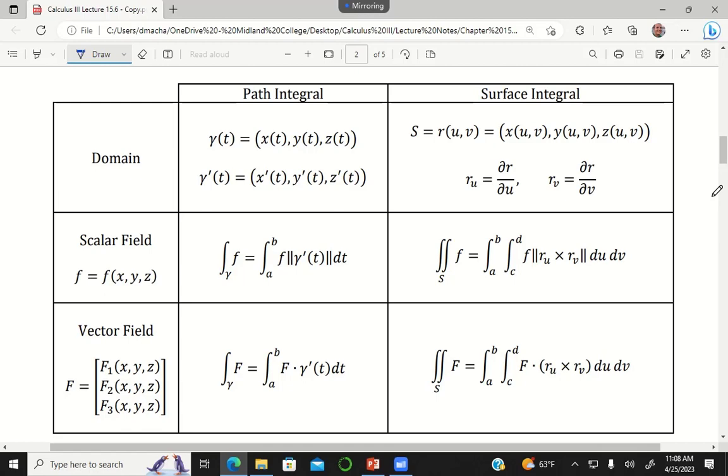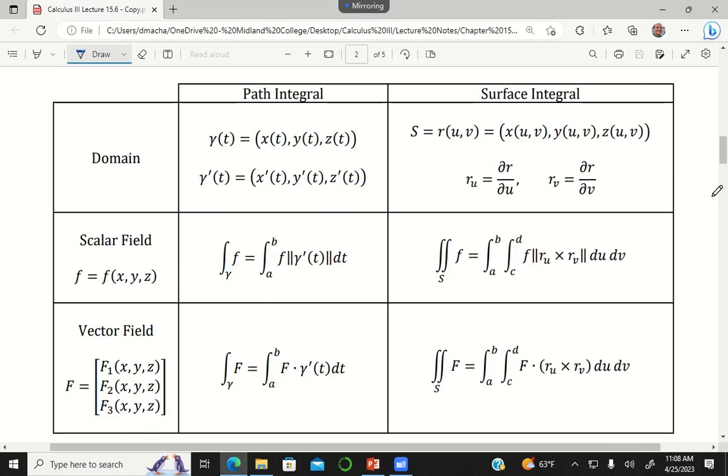So the new stuff today is this stuff, right? The new stuff today is saying, hey, let's look at a parametric surface, which is some surface defined with parameters u and v. And if I want to take a surface integral over a scalar field, then it's going to be a double integral where I take the integral over my domain.